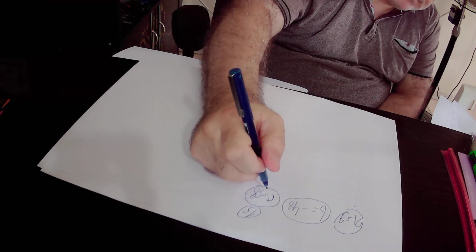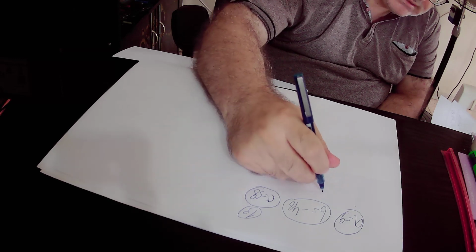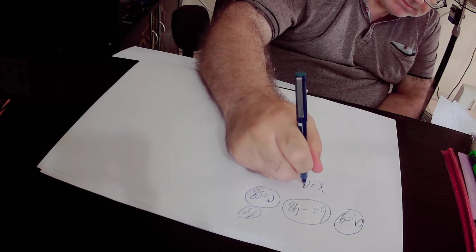And the variable that we are looking for is R, so x equals R. We substitute x by R.